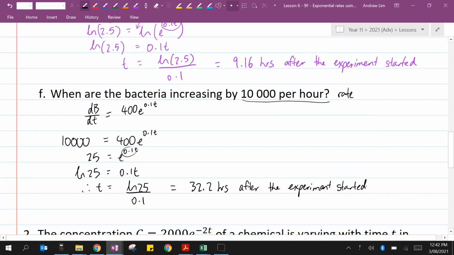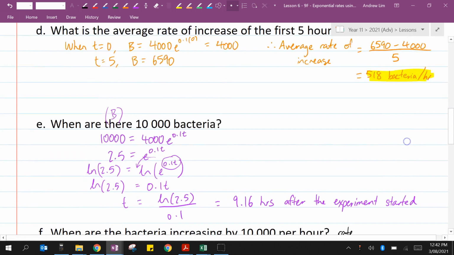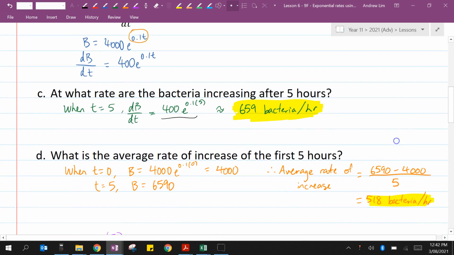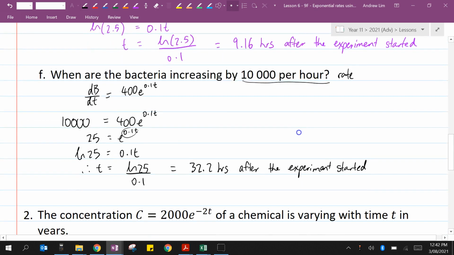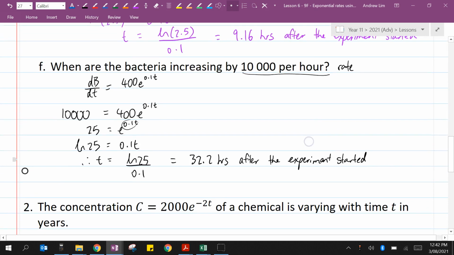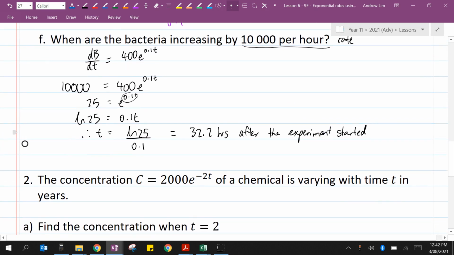That's heaps. So if you think about it, right, at the very beginning, question C, after 5 hours, it's only increasing by 659 bacteria per hour. But after 32.2 hours, it's increasing at a rate of 10,000 per hour. Okay, so that's exponential growth.